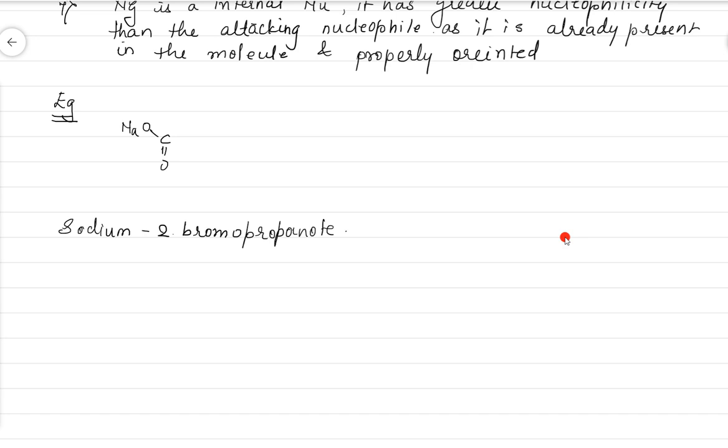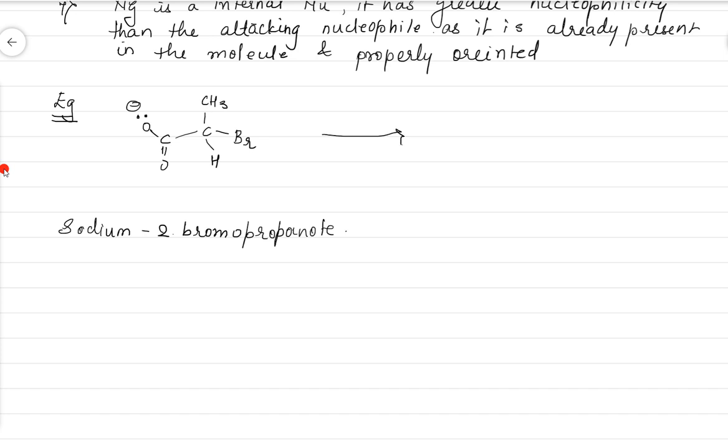This is your propanoate. Now this is sodium 2-bromopropanoate, but I will not write the sodium. This is the whole structure, but let's begin with this. I'm writing the lone pair of electrons to reduce one step.